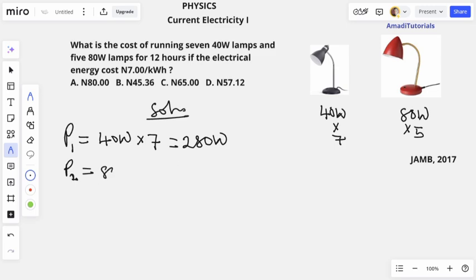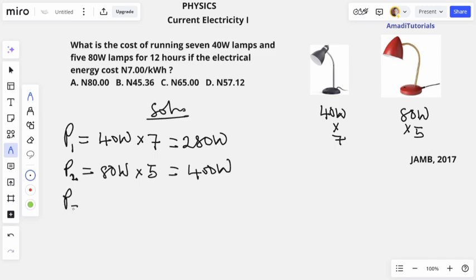That would be 80 watts times 5, which is 400 watts. So what this means is that each time you plug 7 of these to a mains or any source, it will be drawing a total of 280 watts per time, while this second lamp will be drawing a total of 400 watts per time.